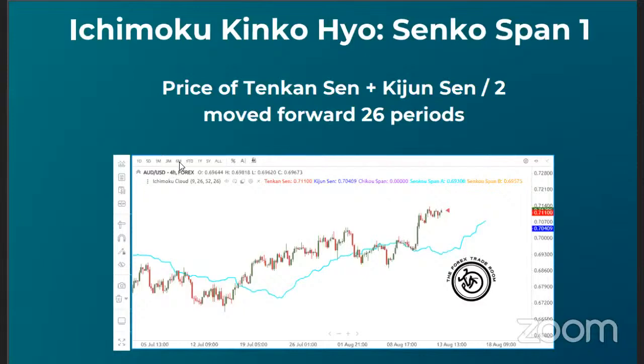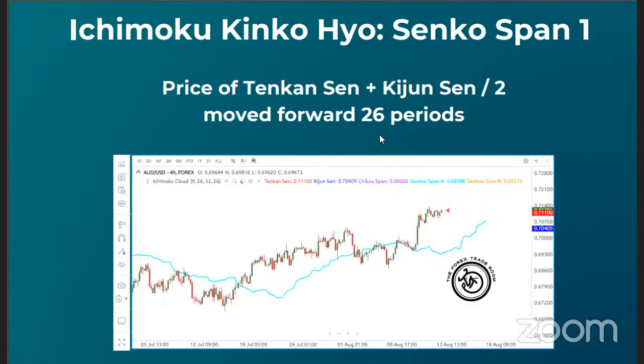So that's 26 4-hour candles, and then here is 26 candles projected into the future. Got that? Yes, no? Got it.